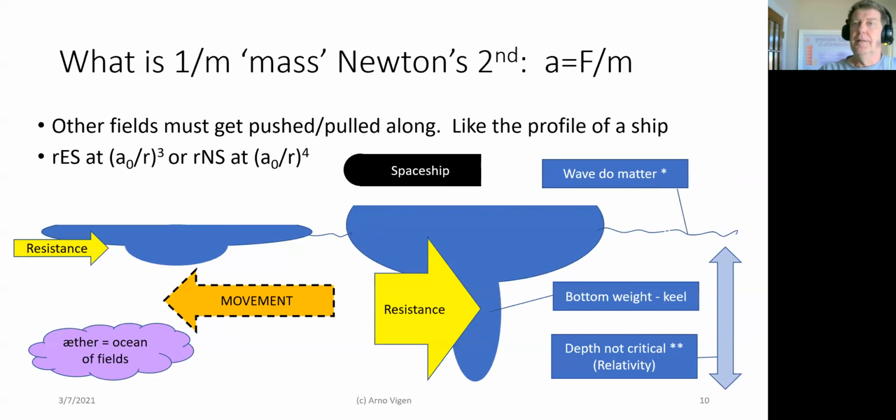However, if I have boats and one has a keel that's very, very trim and another one has a big bulk that goes down, even if they're the same weight, and they're moving this direction to the left, this one goes slower because the profile of that resistance is bigger, okay?